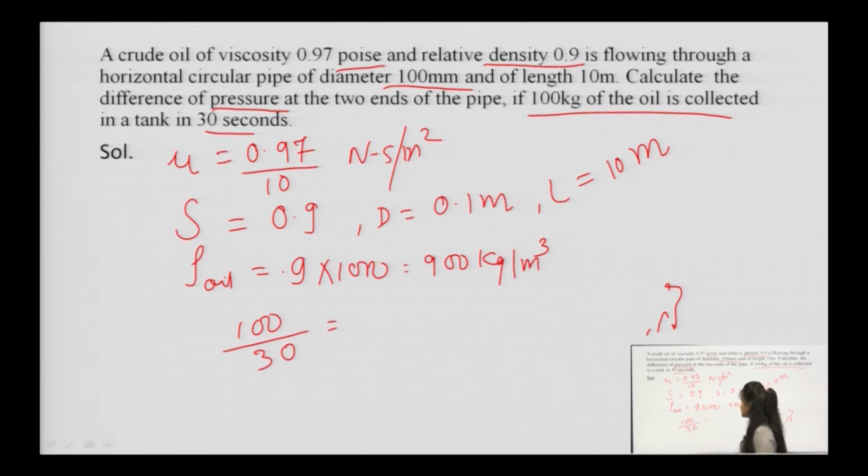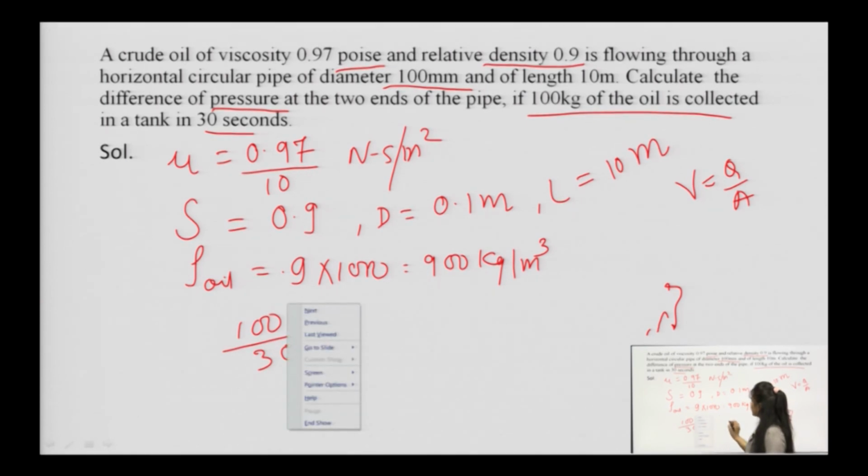And there you can see that Q by A is needed, and hence V will be nothing but Q by A. You can calculate the area as pi by 4 d square.